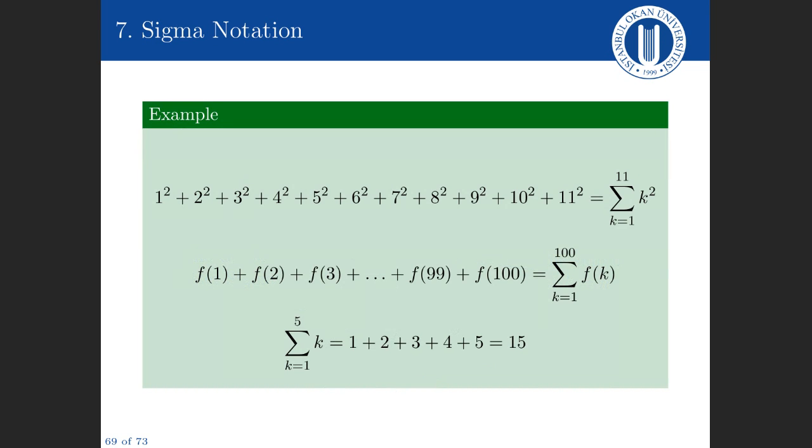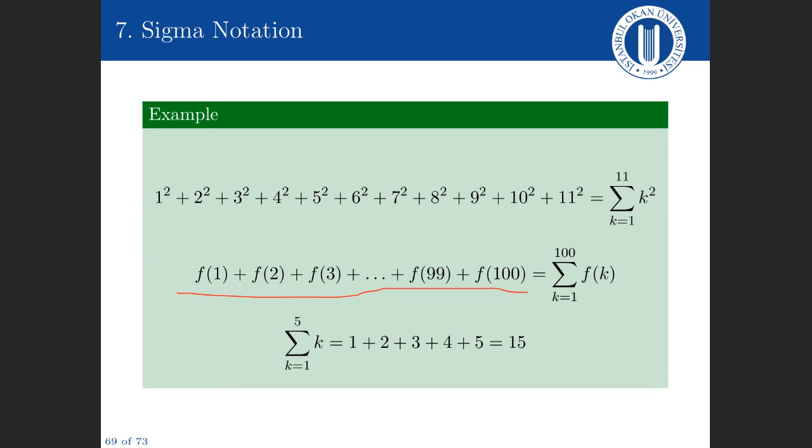Some examples. I suppose I wanted to do 1 squared plus 2 squared plus 3 squared plus 4 squared plus 5 squared plus 6 squared plus 7 squared plus 8 squared plus 9 squared plus 10 squared plus 11 squared. Instead of writing this in this long way, I could write the sum from k equal to 1 to 11 of k squared.